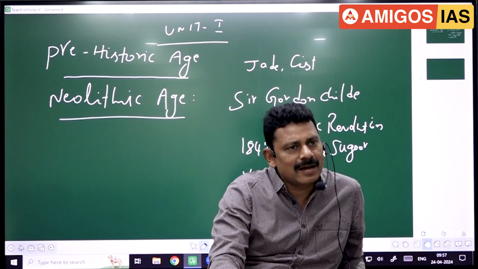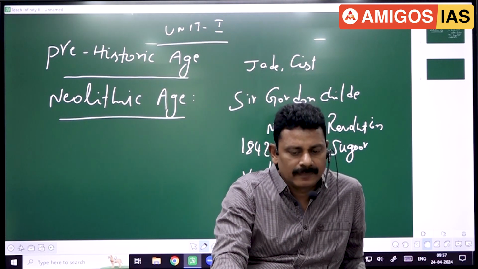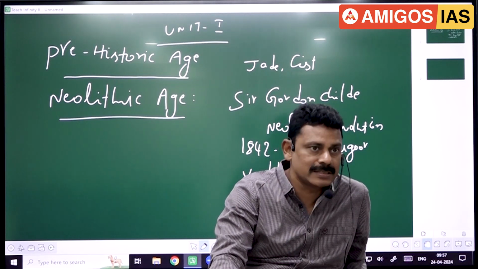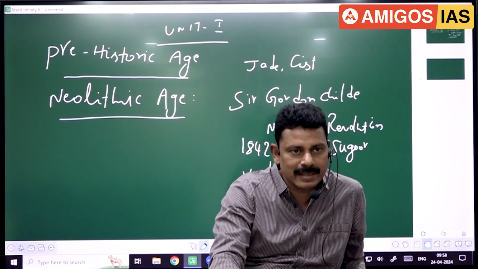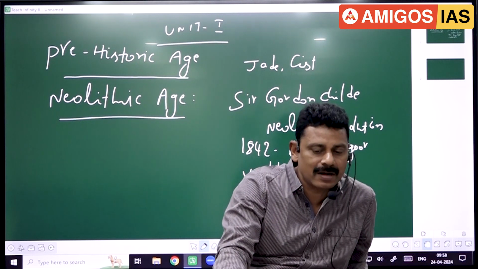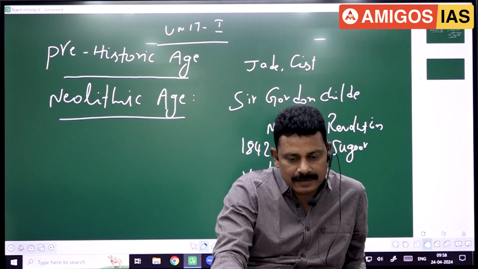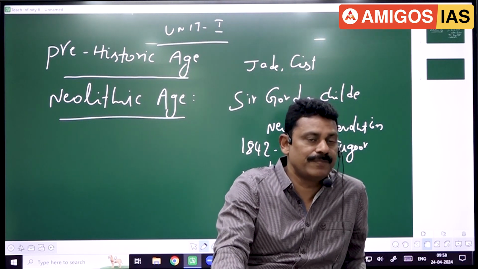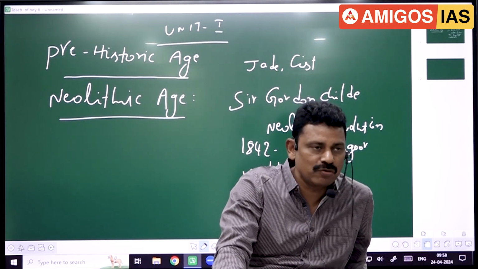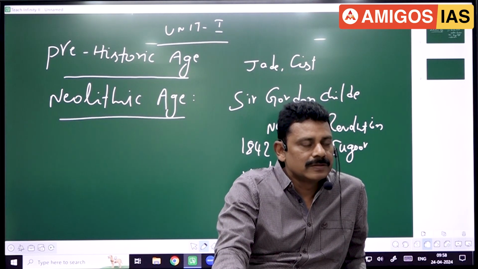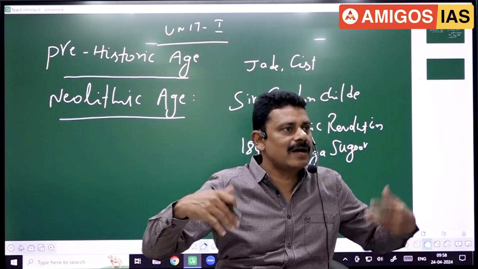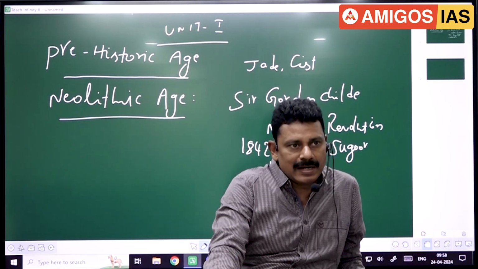He used to live in the granite caves. So granite caves were one of the residences of these humans in the Neolithic period. The caves made up of granite and the pits in the earth. You can consider them as pit dwellings. They used to make a big pit in the earth, which was used for the residence.